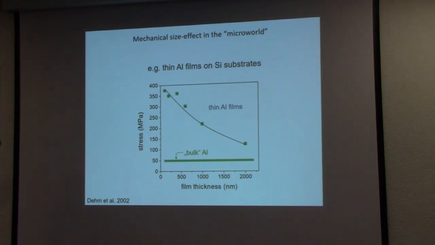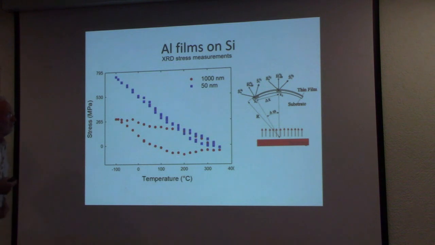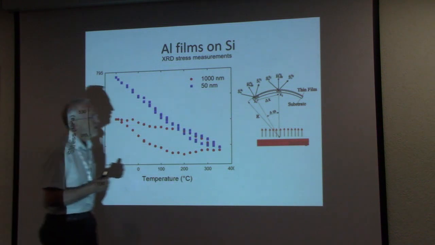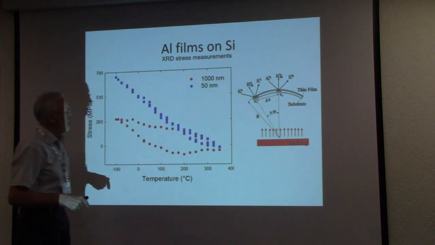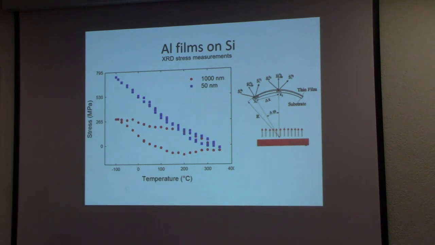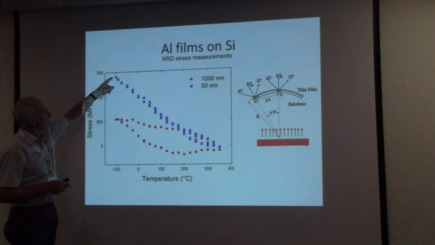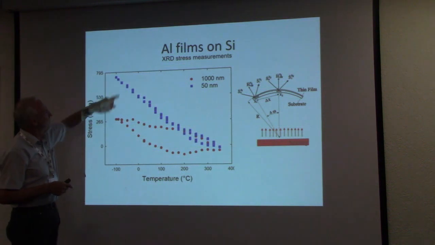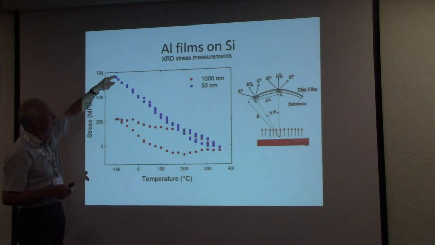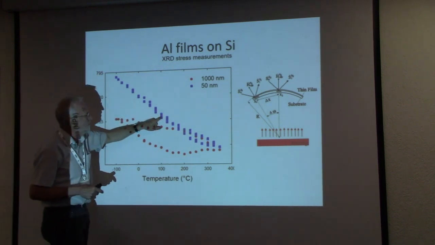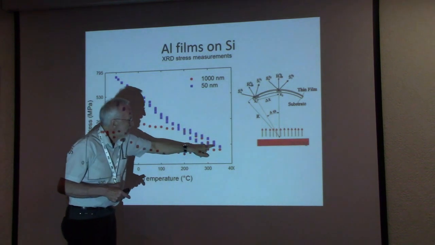And this is really important. You see this, for example, if you make a so-called wafer curvature test to look at the mechanical response of the strength of the aluminum on silicon. When you have a 50 nanometer film, you are in tension, and then you cool down and you remain elastic.